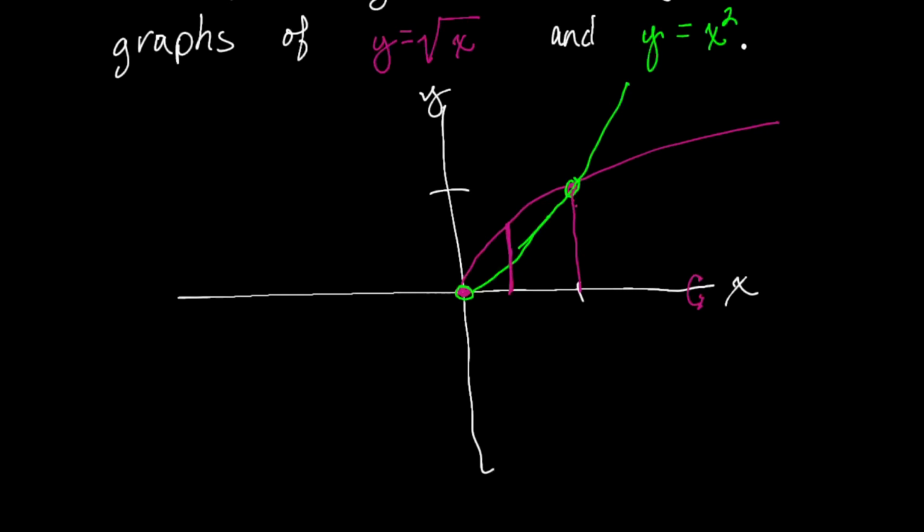The next thing I'll do is take this distance, I should say. So this distance, when I subtract the pink distance here from the green distance here, so the pink distance minus the green distance, it leaves me with just this distance.